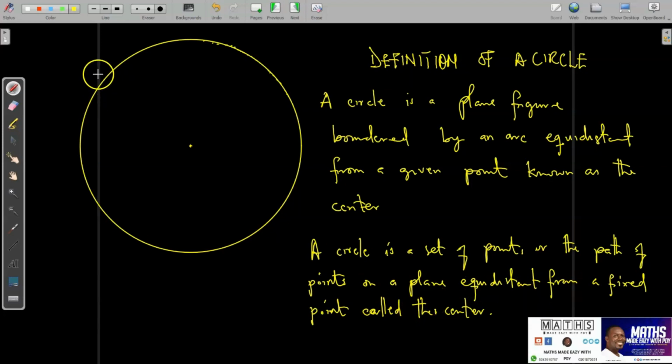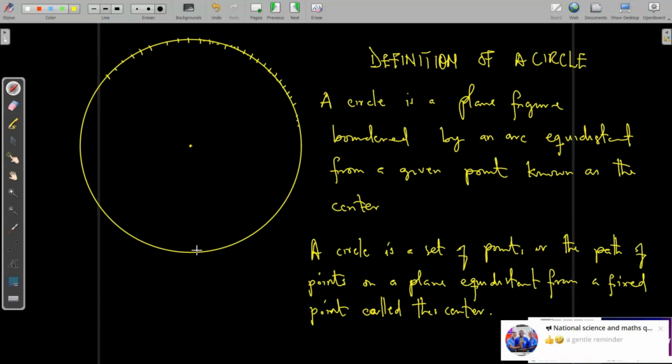So it means that we have a set of points on this path, and these points are very close. These points connected together and being equidistant from the center, then we say it is known as a circle. So every circle has a given center. Please, are we all clear?